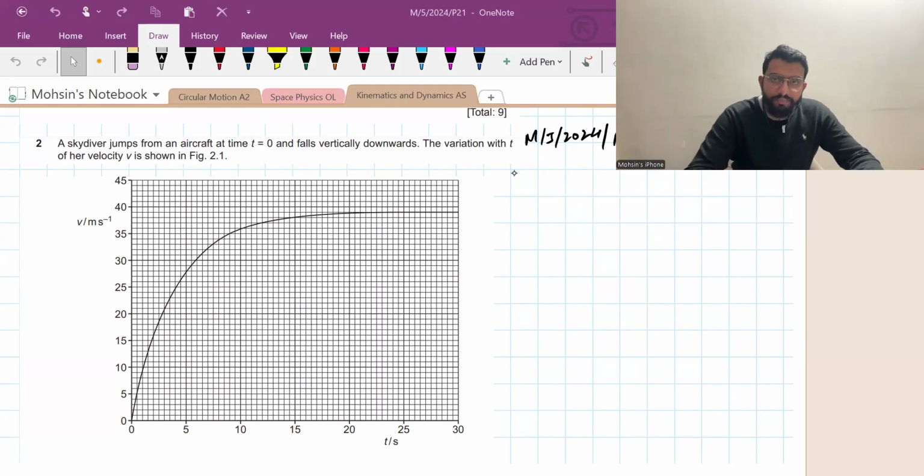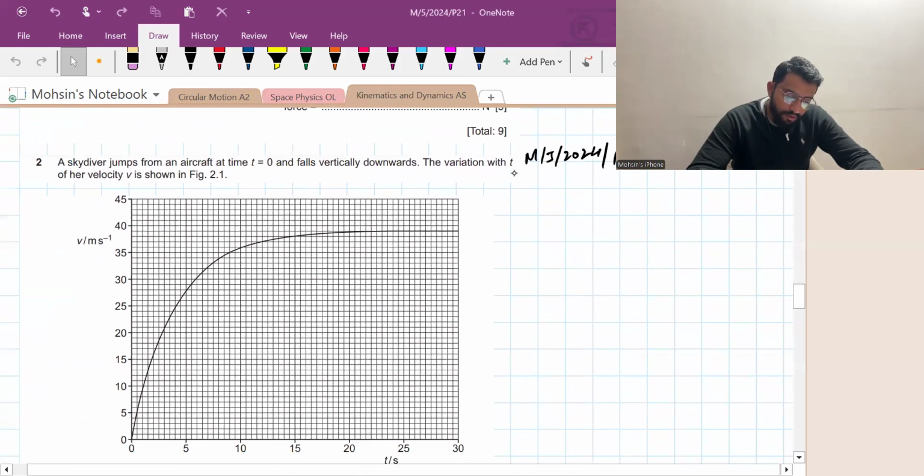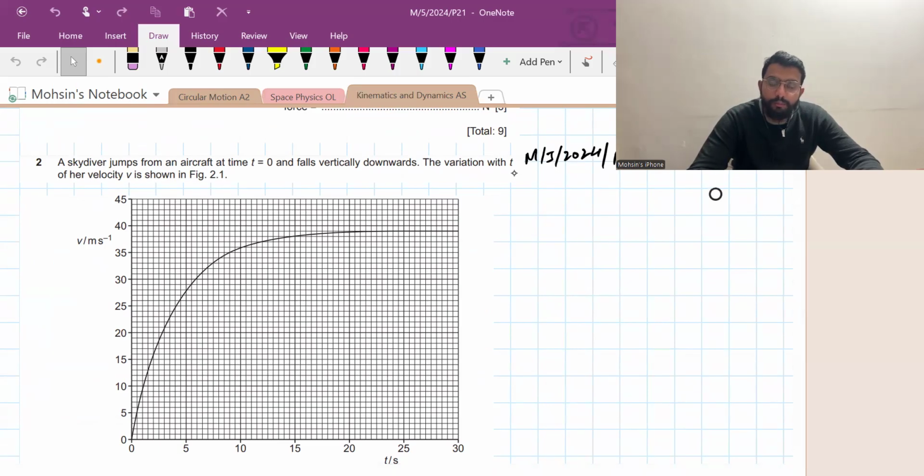Hi everyone. As we were doing the past papers of kinematics and dynamics of A-level physics, AS physics, physics 9702, we were in the last part of the second last question. This is the question of May-June 2024, paper 2, variant 2.